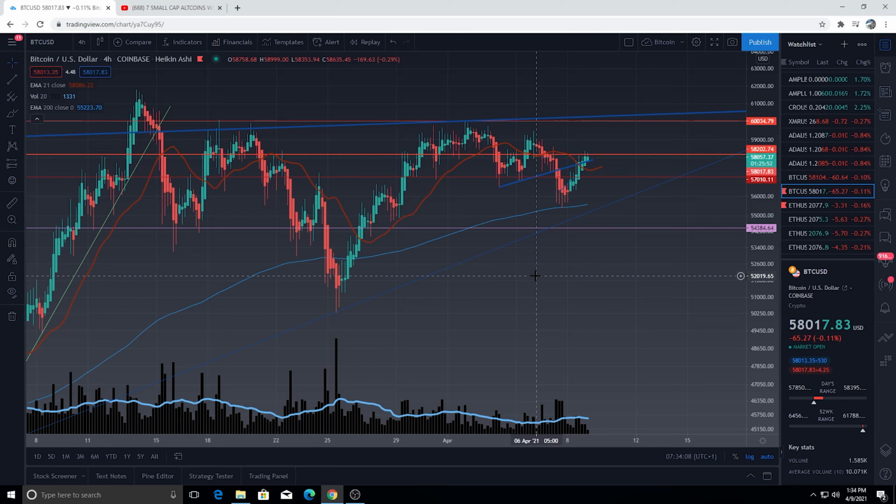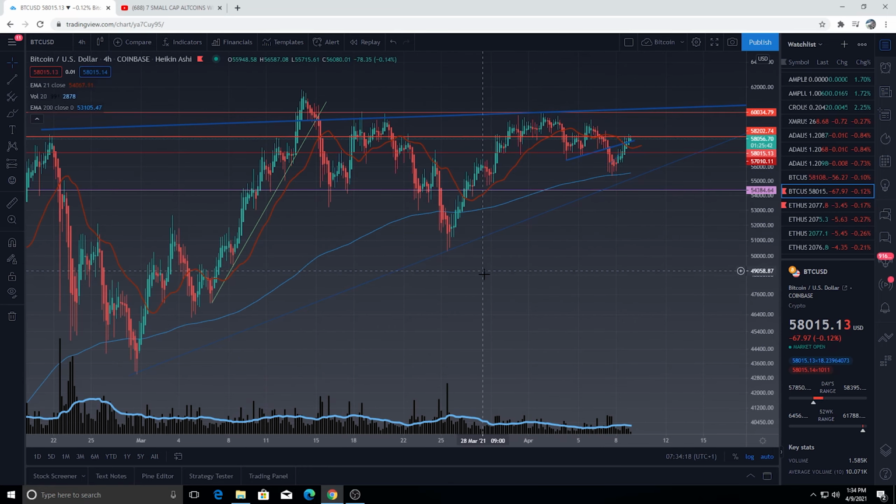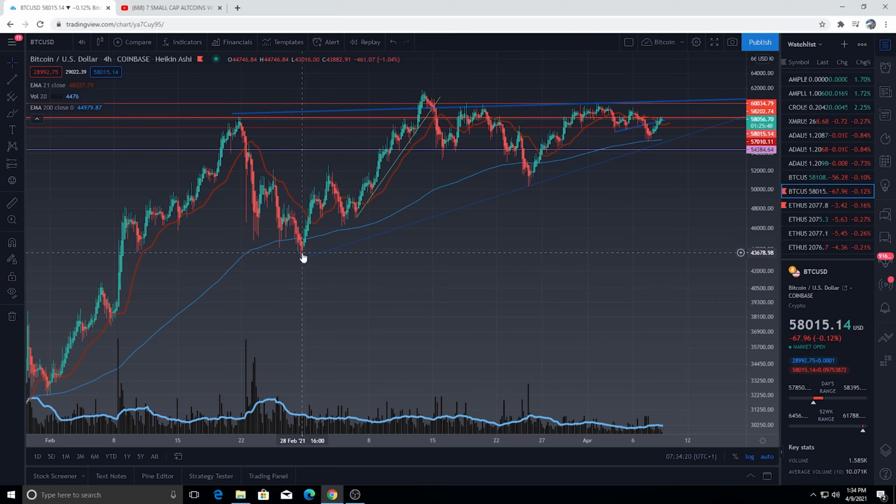I would never let my position actually get liquidated. I would sell my position at a loss long before it got to my liquidation price. If you're buying way below the EMA here, you don't need to use leverage. If you want to use leverage, not financial advice, don't use more than 3 times. So yeah, that's really volatility in a nutshell.